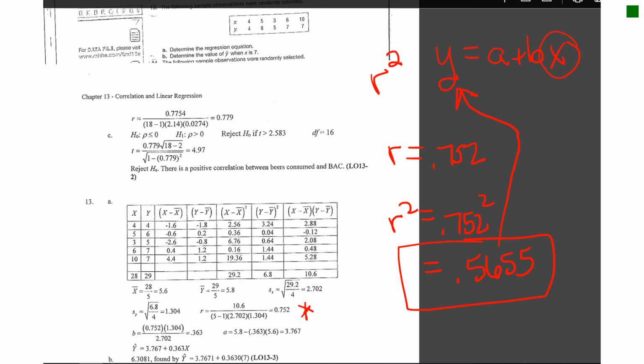And the higher the better. So if you get 0.5655, you're basically saying about 56% of the variation of y is caused by that one variable. If you're doing a study, that may not be a good number. Typically in the business world, you'd like to see r squared numbers approaching 1, or 100%. But if you get r squared numbers around 0.8 or 0.9, you pretty much know what causes y. You know that one variable is having a big impact on the y variable.